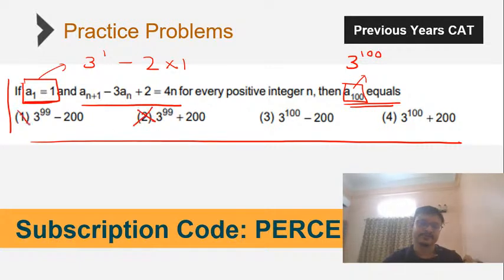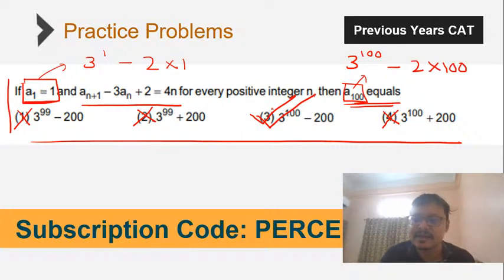So eliminate. The next thing I need to do is minus something. So eliminate. And how much is this? Minus 2 into 100. Hence the answer is option C, that is 3 to the power 100 minus 200.